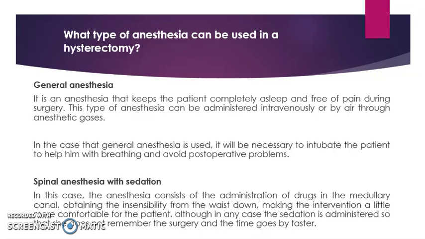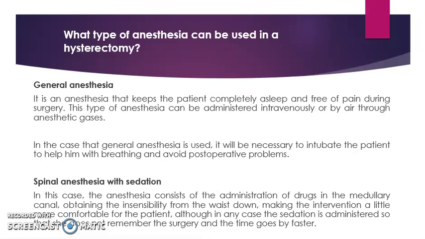In the case that general anesthesia is used, it will be necessary to intubate the patient to help with breathing and avoid postoperative problems. By making use of general anesthesia, the surgeon can have greater control of the patient, avoiding discomfort, pain, movement, or memory of the surgery.